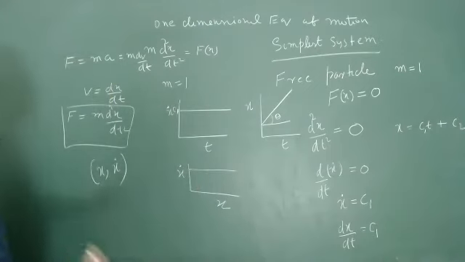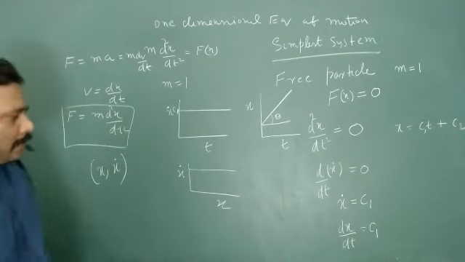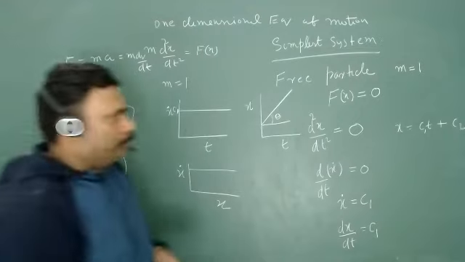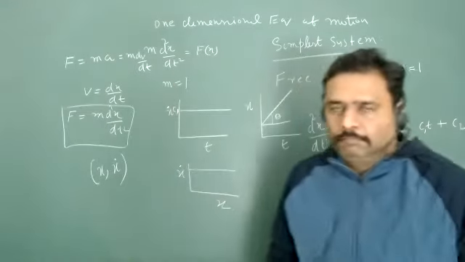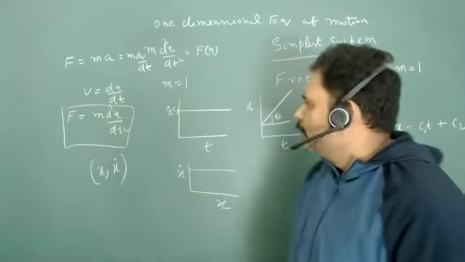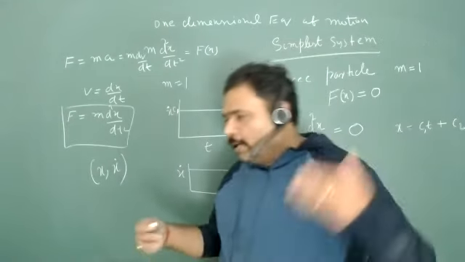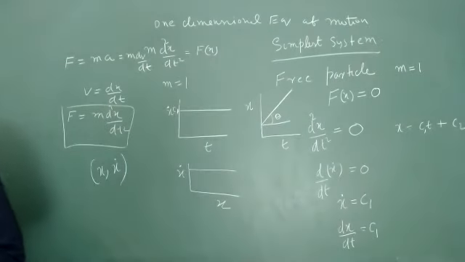At every position, the angle is the same. So this is all about the free particle. The position is changing with time in a linear form, and the speed is constant. So you have a forceless particle, and there is not any force acting on it.